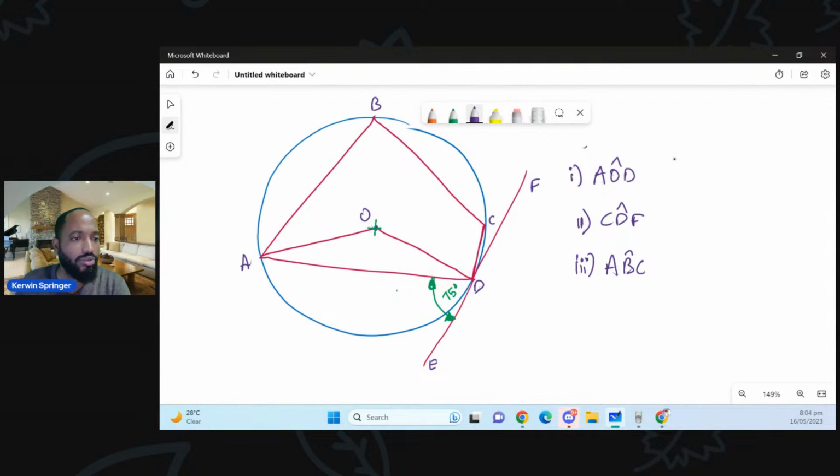Put in the chat if you feel you could find everything. What's the size of angle AOD, CDF, and then ABC? Once again, EF is a tangent that hits the circle at point D. OA and OD are radii of the circle.